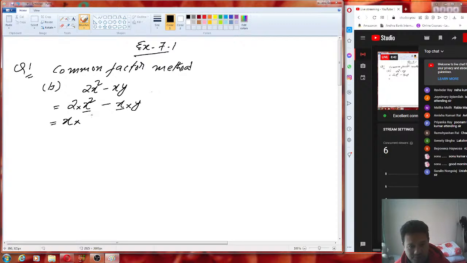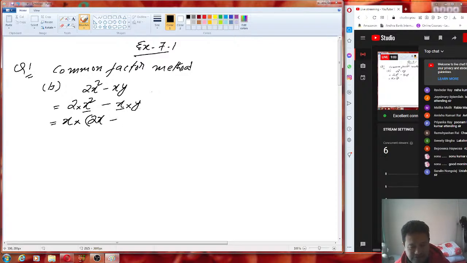Then you open the bracket, and in the first term we have x square. From x square we have taken 1x. So what is left is 2 and another x. That means from 2x square we have taken 1x, so we are left with 2x.